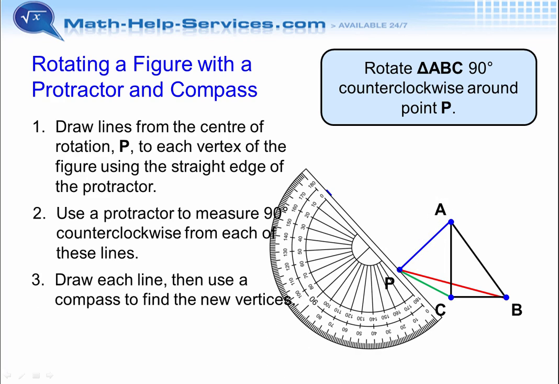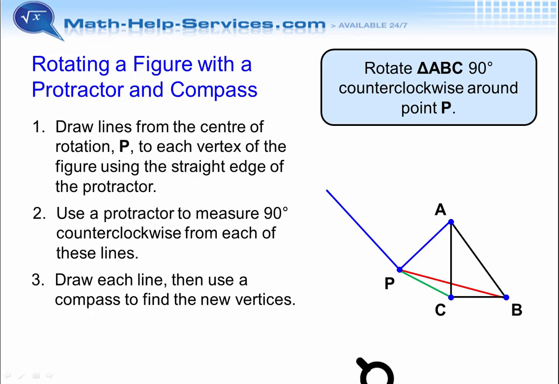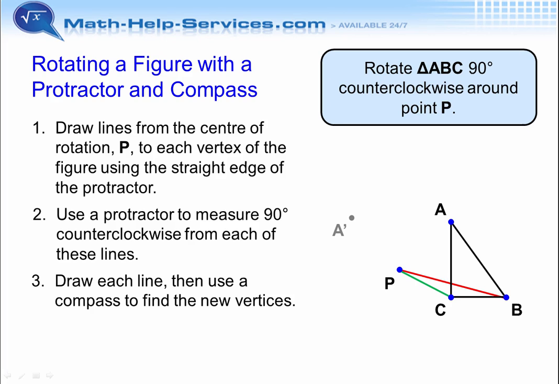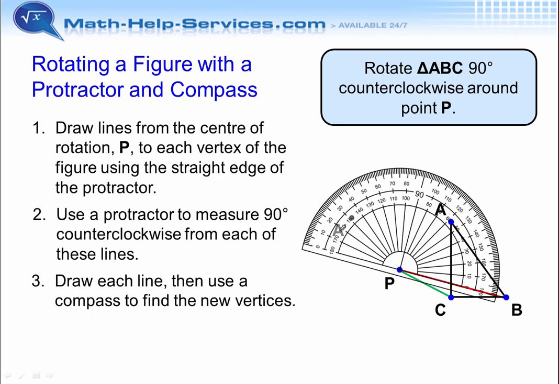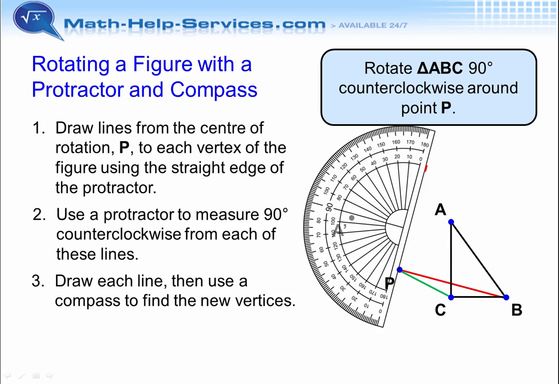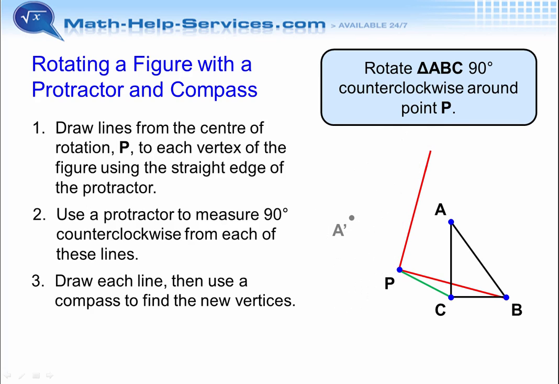Now draw each line, then use a compass to find the new vertices. Like so. That's how we found A'. Now let's find B'. Again, making the 90-degree counterclockwise mark, drawing our line, using our compass to measure the distance.